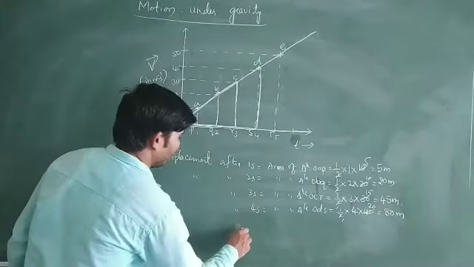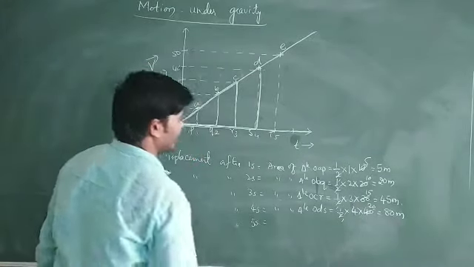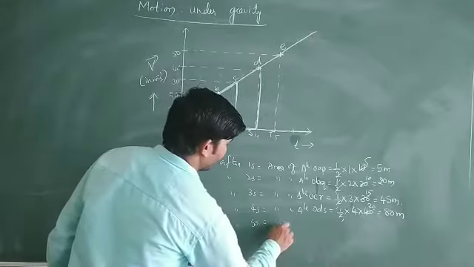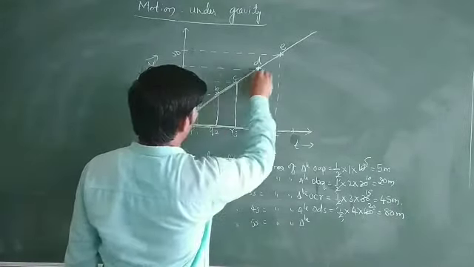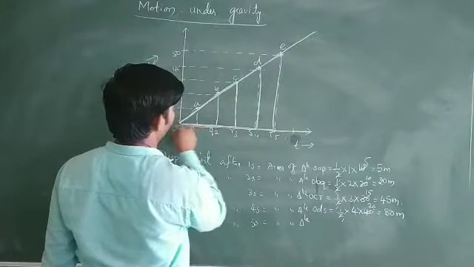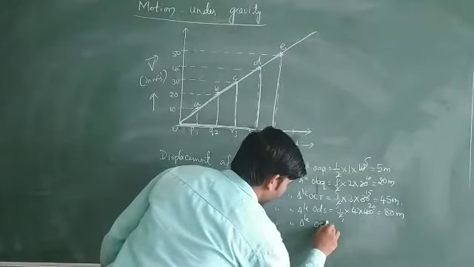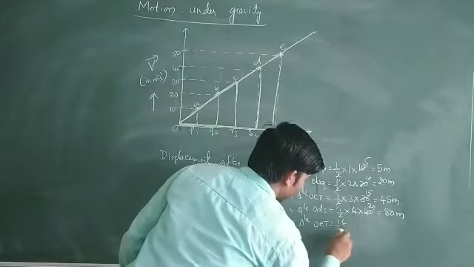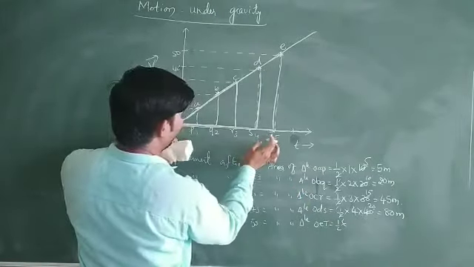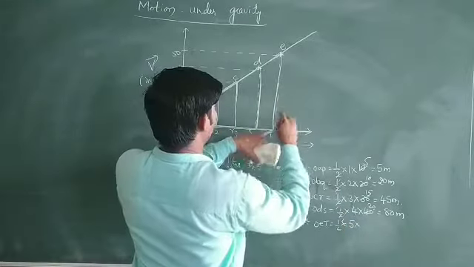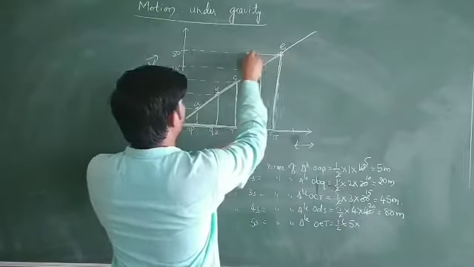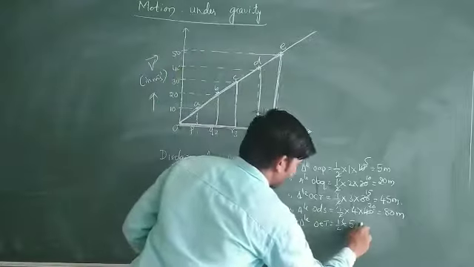Next, displacement after 5 seconds is the area of triangle OET. It is half into base, from here to here, that is 5, into height, which is 50.